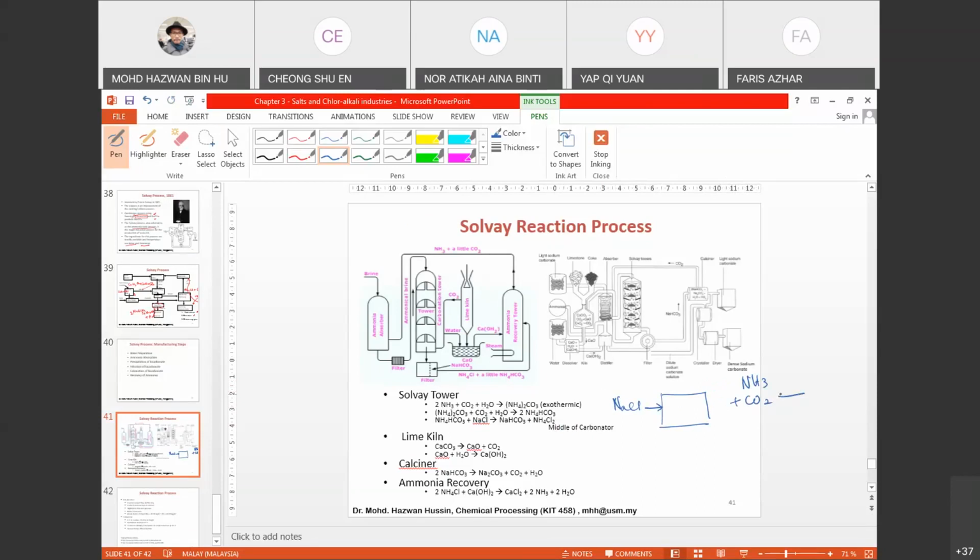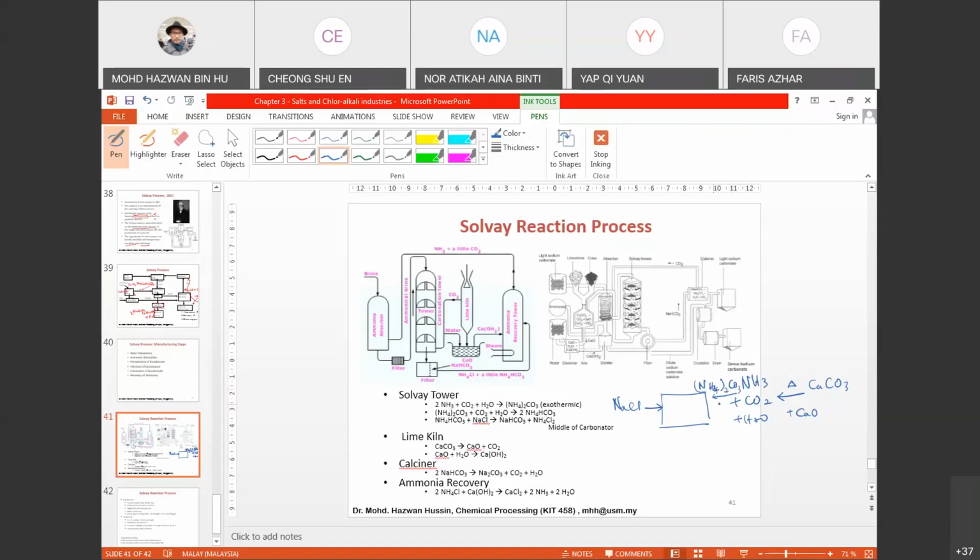This CO2 is coming from calcium carbonate heating. When you heat it, you produce carbon dioxide plus CaO and water. Then it will produce the so-called ammonium carbonate.